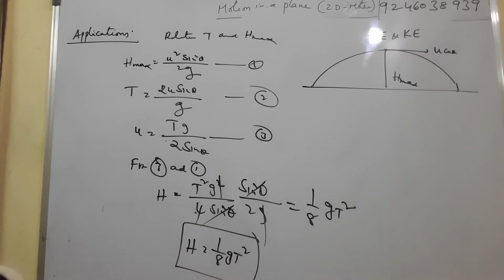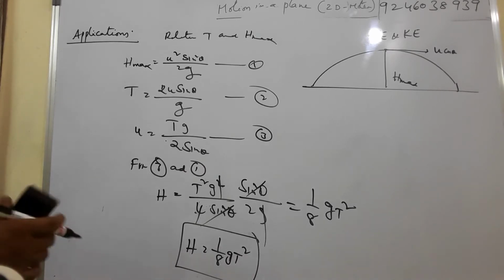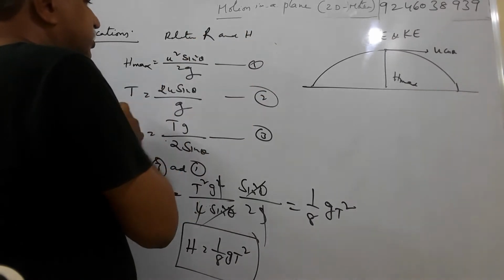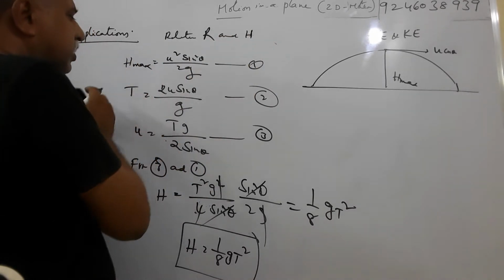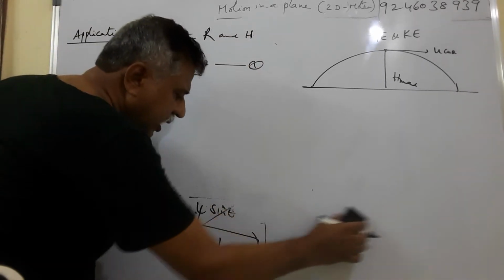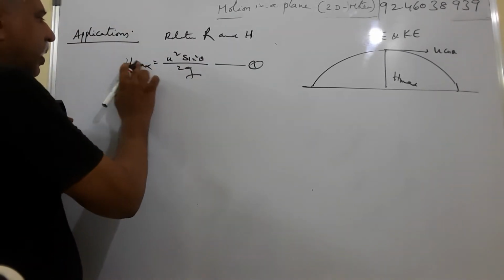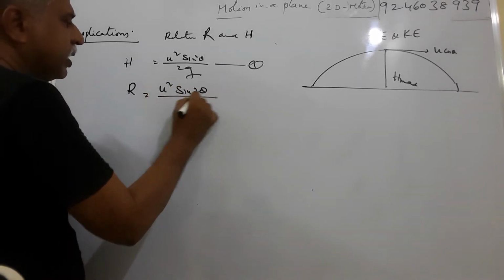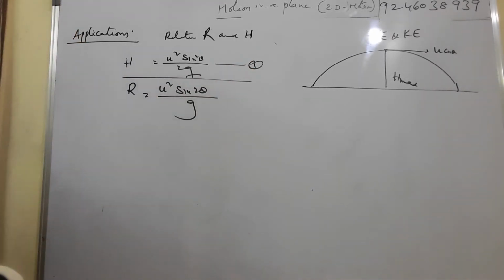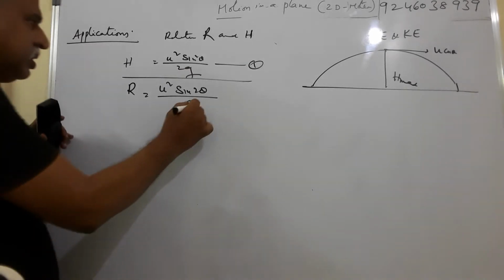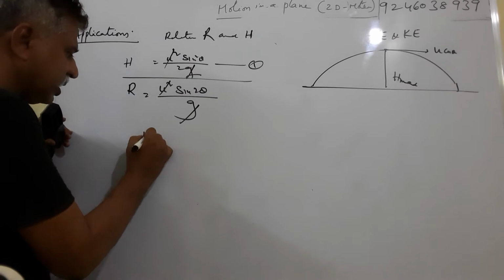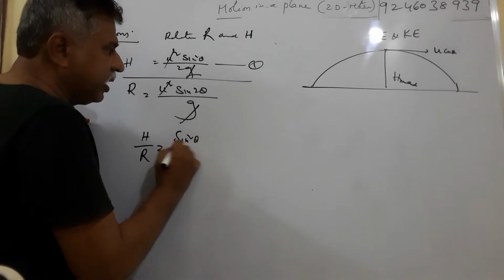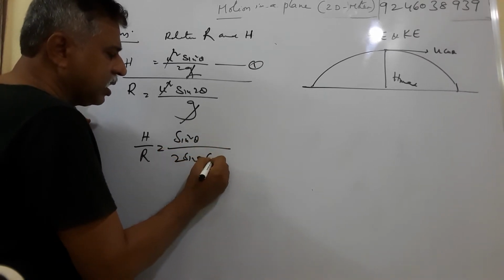Next one. Relation between maximum height and range. Relation between range and maximum height h. Range is equal to u square sin 2 theta by g. h by R, right? g cancels, u square cancels. h by R is equal to sin square theta by 2 sin theta cos theta.